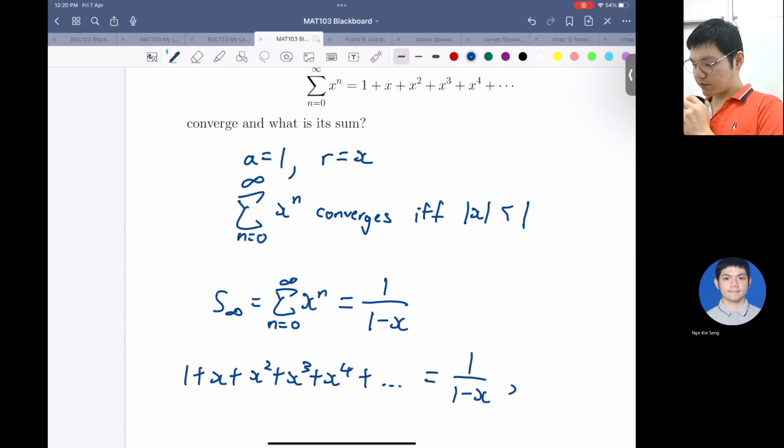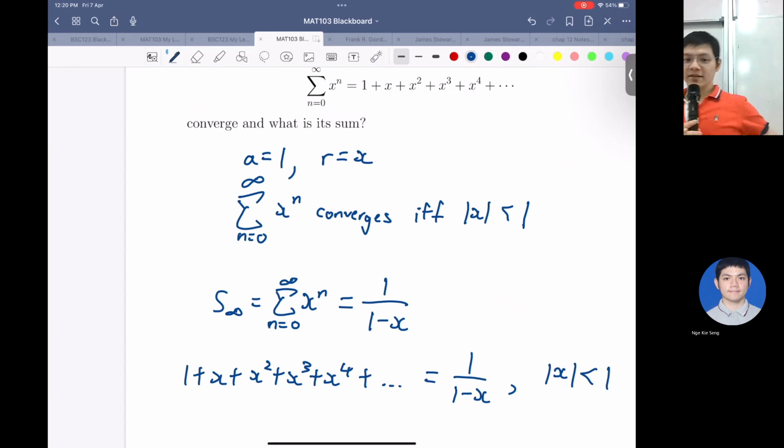But this only works for x in between 1 and minus 1. Outside 1 and minus 1, we couldn't conclude this, and the series diverges.